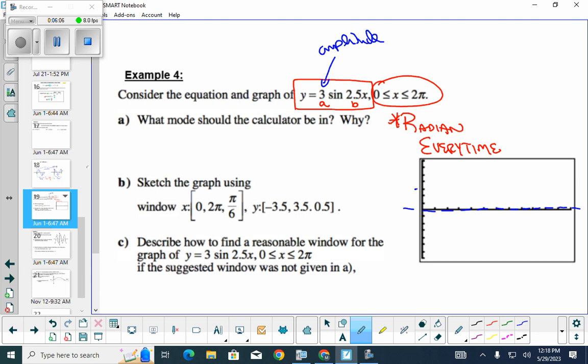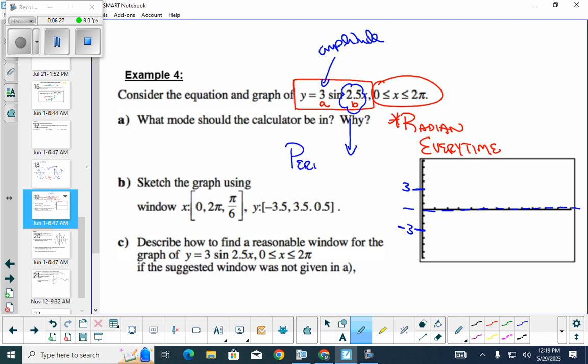We are going to go up to 3 and down to -3. Okay, so that's the first thing. That's what that amplitude does, is it's from the halfway line, you're going to go up 3, down 3. Okay, this right here, this is the tricky one.